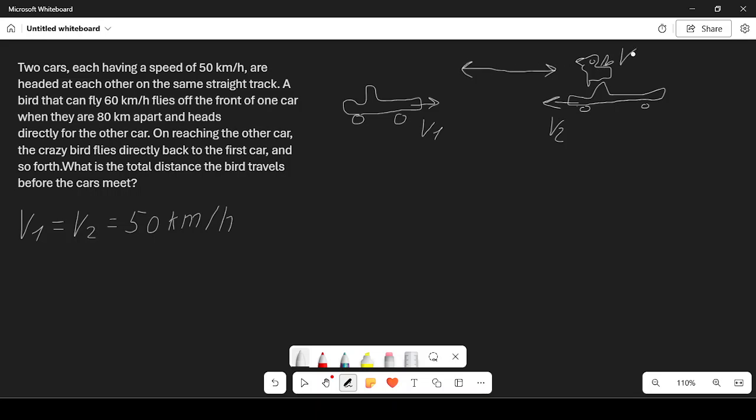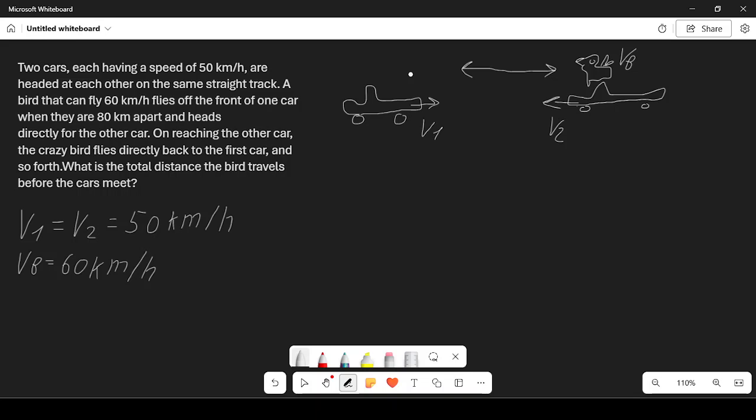And we know the speed of this bird: 60 kilometers per hour. So in fact, this bird is a little faster than the cars. It flies to one car, then returns back, then returns.